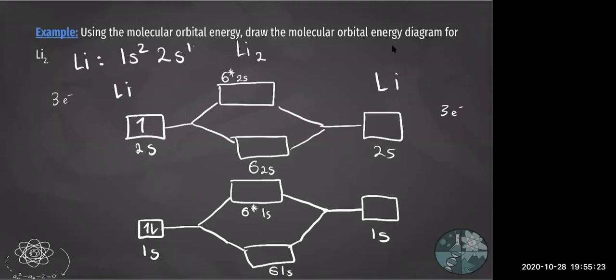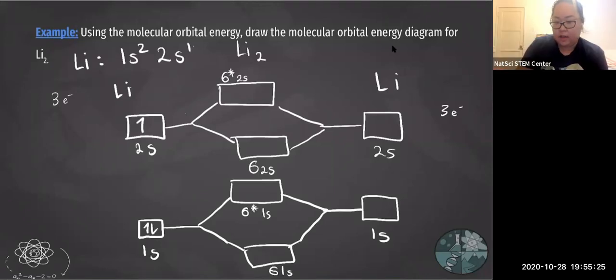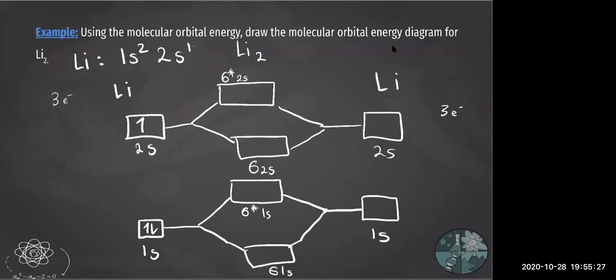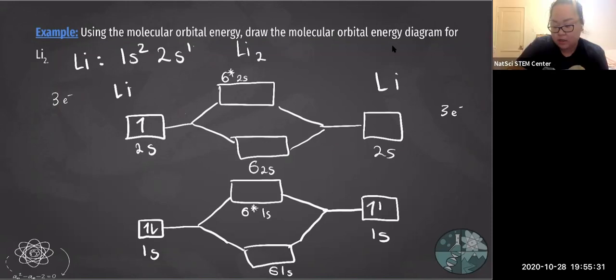You fill it out like you would fill out your Hund's rule. So 1s is filled completely, and then it goes into 2s.